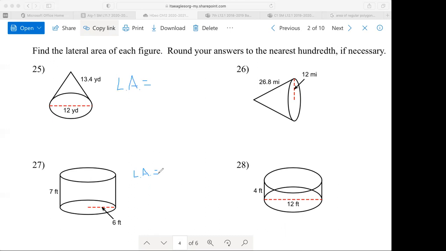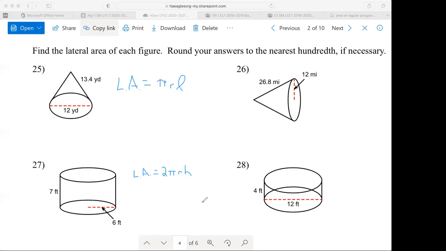All right, so lateral area of a cone is pi RL. Pi times the radius times the slant height. And the lateral area of a cylinder is 2 pi R H. All right, so the only way I can mess with you is if I give you a diameter.